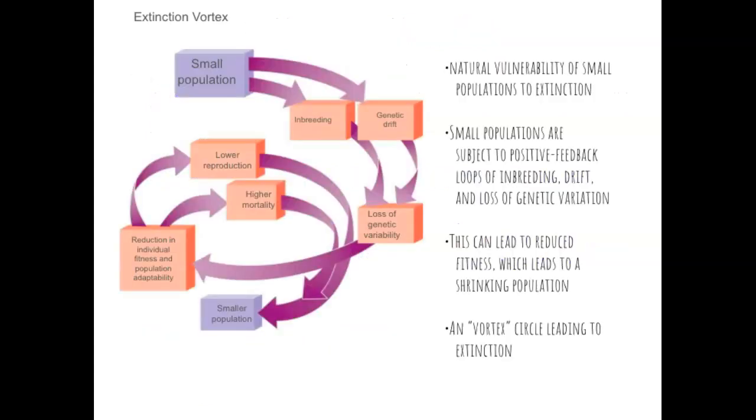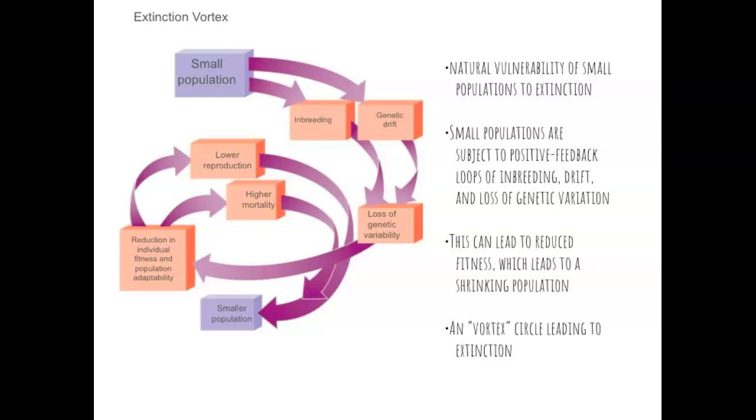When we're looking at species that are at risk of extinction, we generally see them in a pattern we call an extinction vortex. An extinction vortex is where you have a small population, and because that population is small, individuals have to mate with members they're closely related to, which is inbreeding. These small populations are also subject to genetic drift, which leads to a loss of genetic variability.